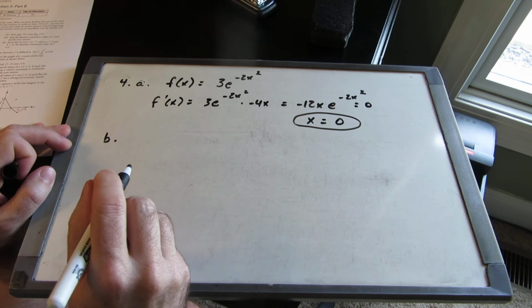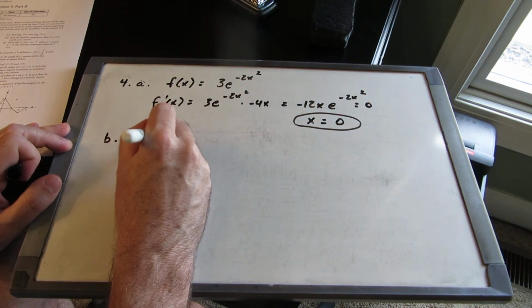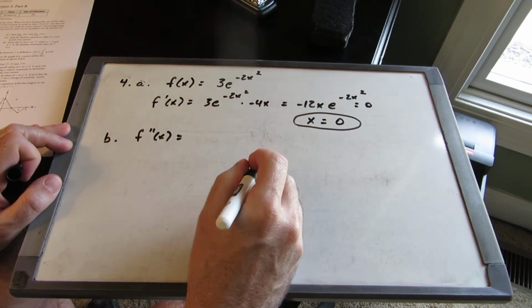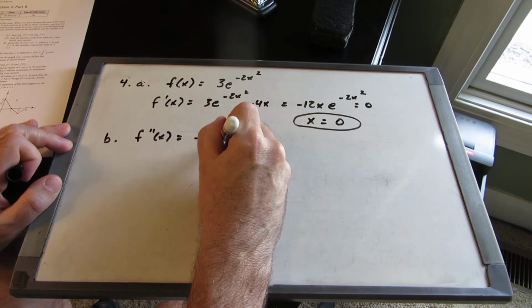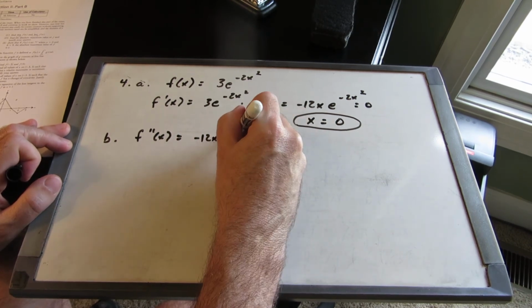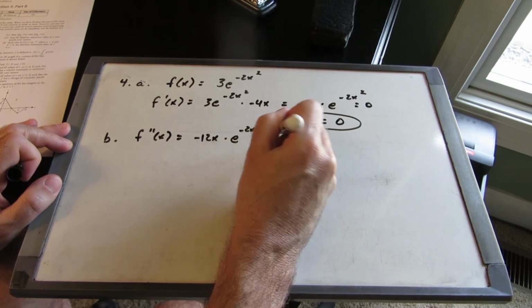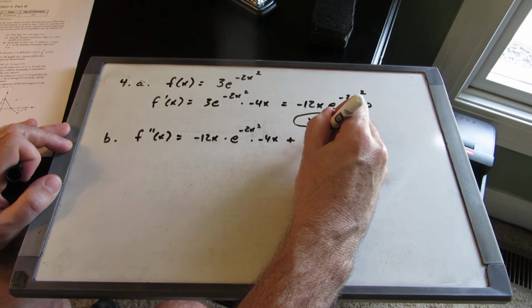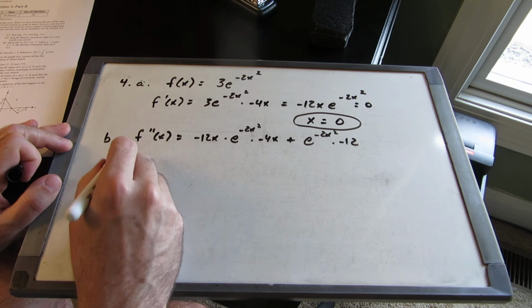How about f double prime of x? Okay, well, f double prime of x, we'll start with negative 12x e to the minus 2x squared. So it's going to be the first, negative 12x, times the derivative of the second, so times e to the minus 2x squared times minus 4x, plus the second, e to the minus 2x squared, times the derivative of the first, negative 12.